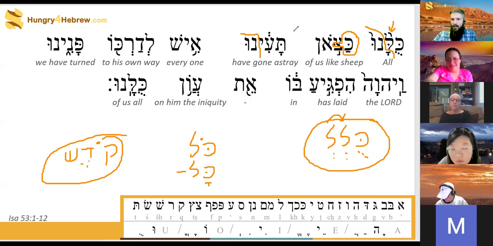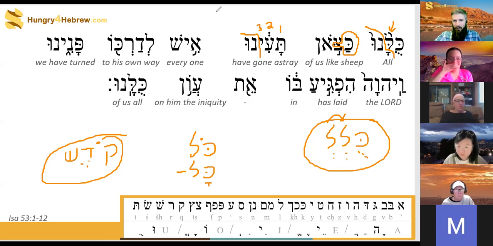Yep. And it's got a yiktol prefix letter right here? No. Tav is a yiktol prefix letter, but here it's part of the root. What is the root? Ta'e. Tav, ayin, yod. And we get to see the yod. Woohoo! We don't always get to see the root letter yod.